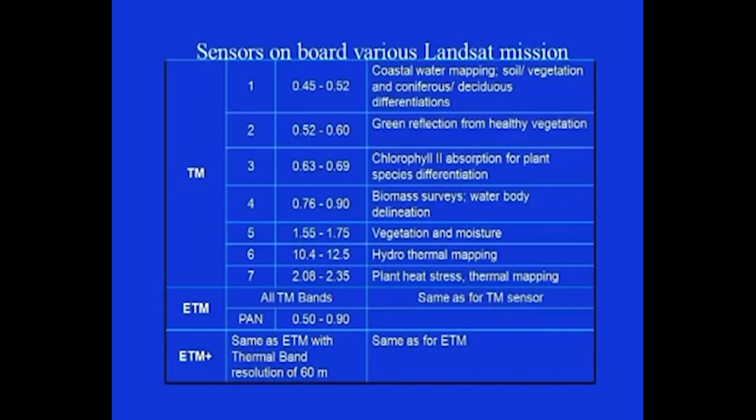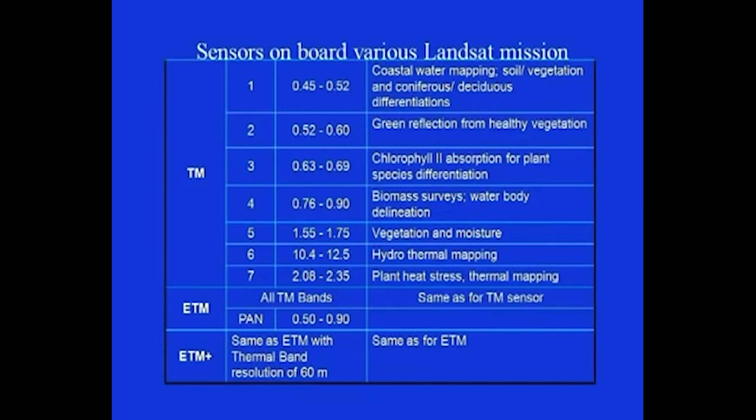The next development was the Enhanced Thematic Mapper. The Enhanced Thematic Mapper contains all the TM bands and can be utilized for those applications as discussed earlier for TM. However, it has one additional band, the panchromatic band, operating within the region of 0.50 to 0.90.